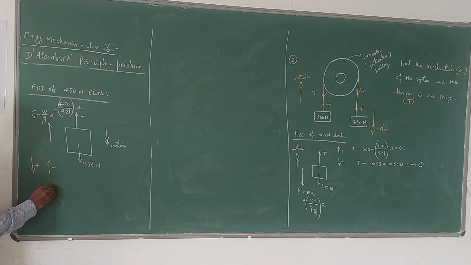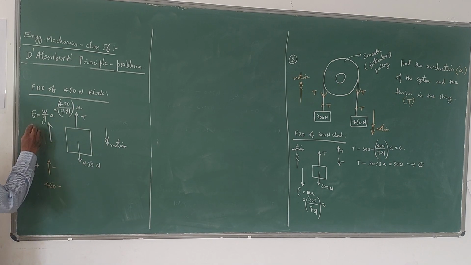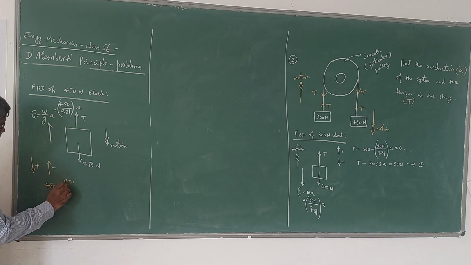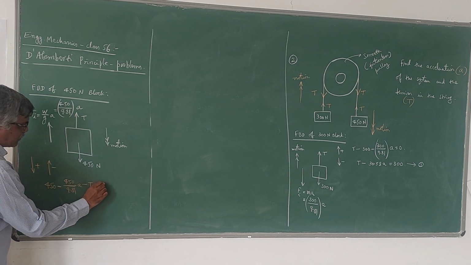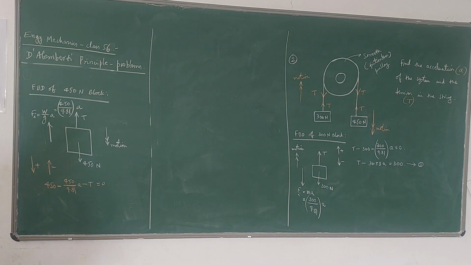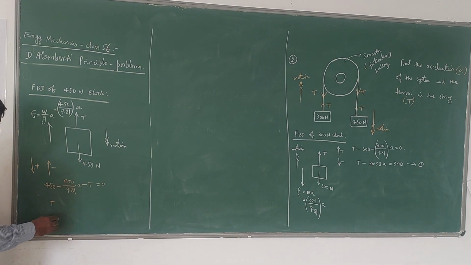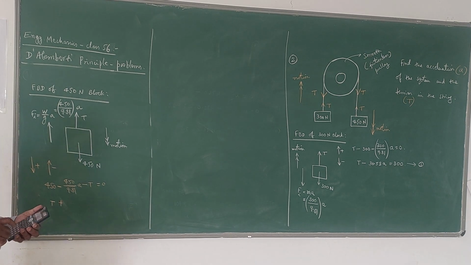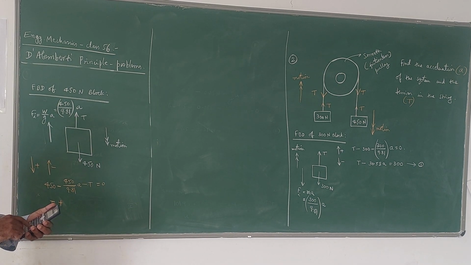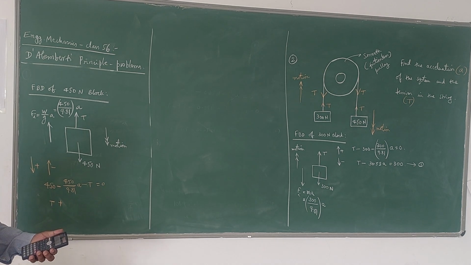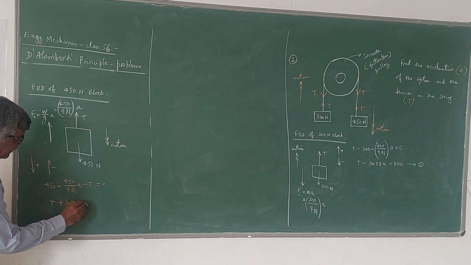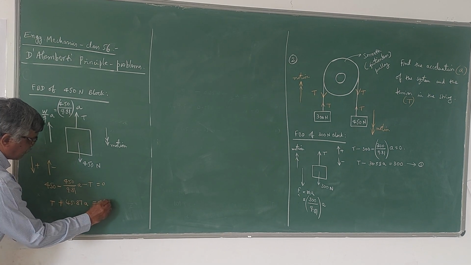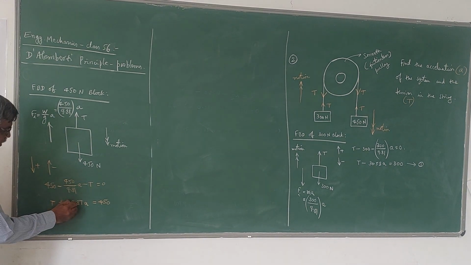So 450 is positive, minus 450 divided by 9.81 times A is negative, minus T is equal to 0. Now if you simplify this, T you can bring to the other side, plus 450 divided by 9.81. So the value becomes 45.87 A, and this should be equal to 450.